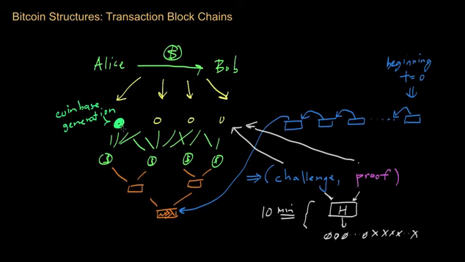Now, I also want to point out that in addition to this coinbase reward, the nodes who are doing the Bitcoin mining, the ones who succeed, also get to collect the transaction fees that were specified in the transaction records. So if you recall, a person issuing a transaction in Bitcoin can set aside a certain amount of money, maybe a Bitcoin or a fractional Bitcoin, for the node who succeeds in coming up with the actual proof of work, and effectively succeeds in adding that transaction to the overall Bitcoin transaction blockchain.